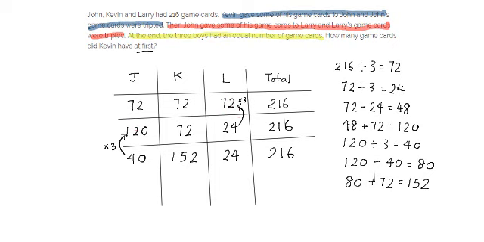It means I subtract 48. Here remains unchanged. Now it's important to note that all three adds up to 216 at all times. If you have any steps that does not add up to 216, you know that you're wrong. So to summarize, how many game cards did Kevin have at first? The answer is 152.